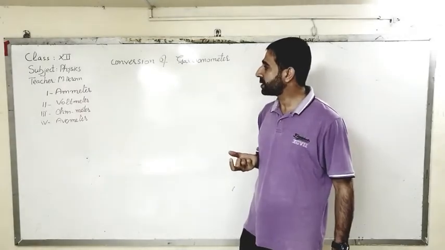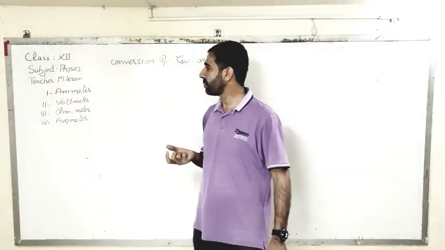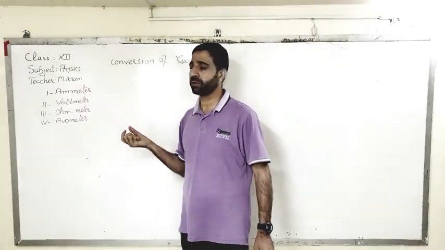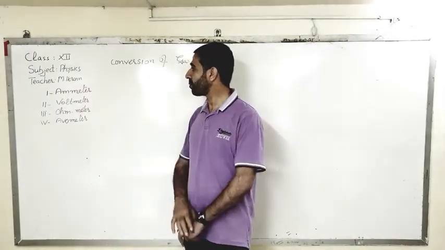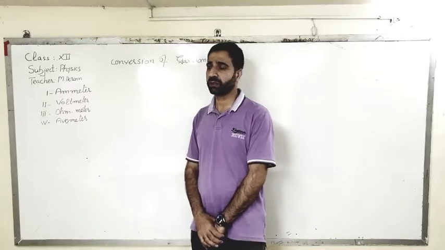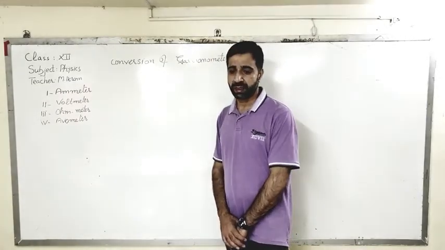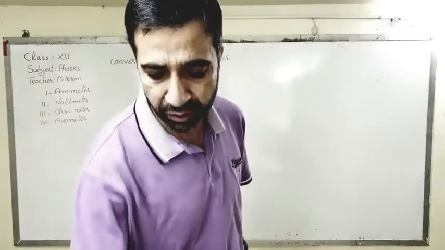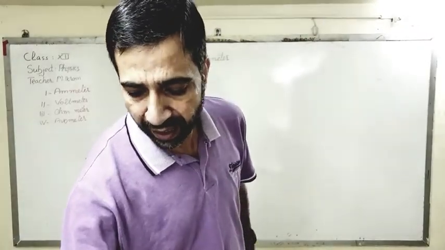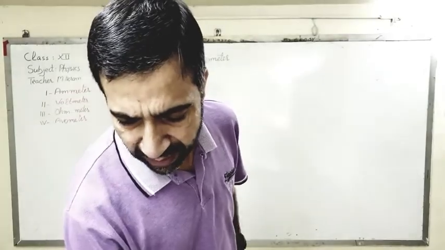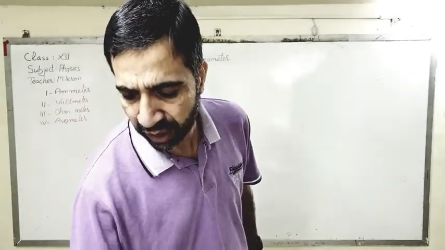So it is not always that we will measure small value of current or potential difference. Sometimes we need to measure large value of the physical quantities. Then for this purpose we will use the ammeter, right, to measure the large value of the current.